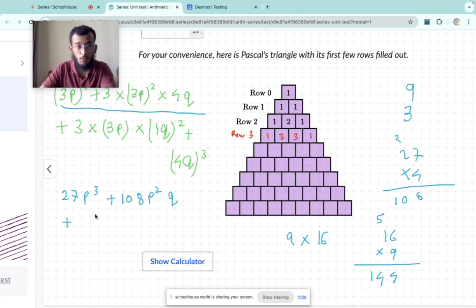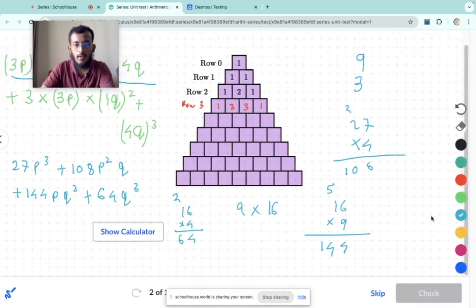So 144 p q squared, I think. And then 4 cubed, which is 4 into 4 into 4, so 16 into 4, and 6 fours are 24, 4 ones are 4, plus 2, which is 64. So 64 q cubed. So I think that is the final answer.